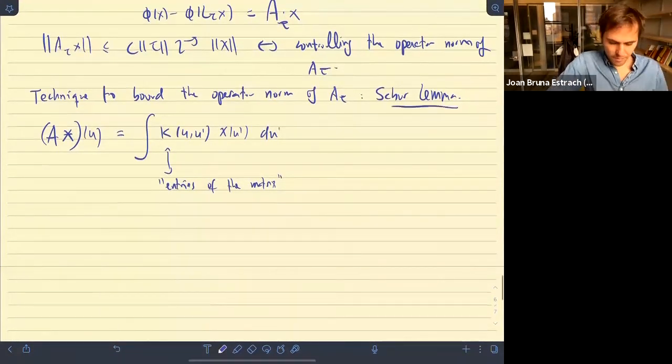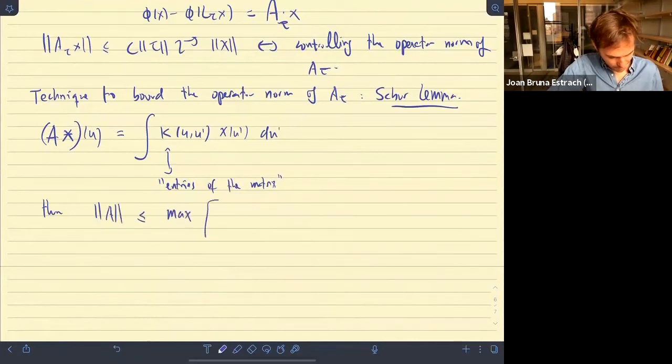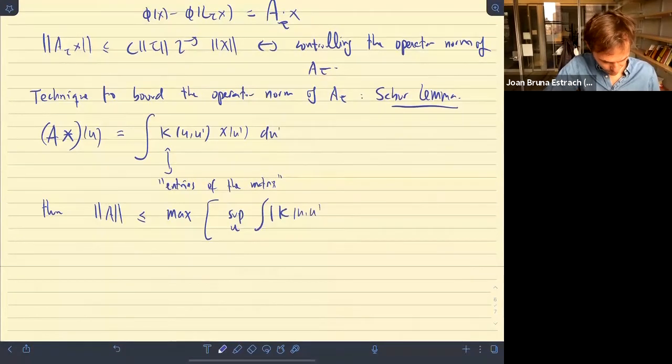So let me first state what the Schur lemma is. If I have an integral operator with a kernel k, then the norm of A is upper bounded by the max, the sup over u, of integrating over the rows of the matrix, or integrating over the columns.